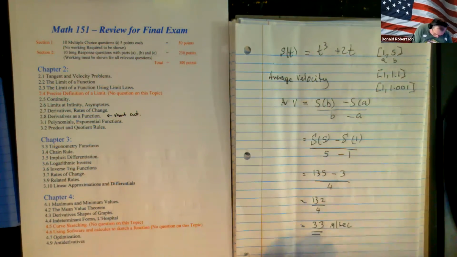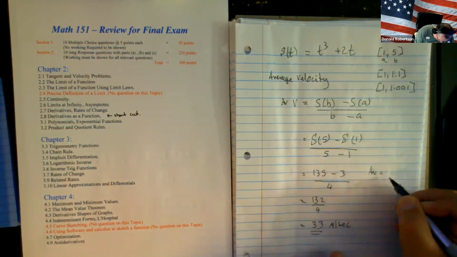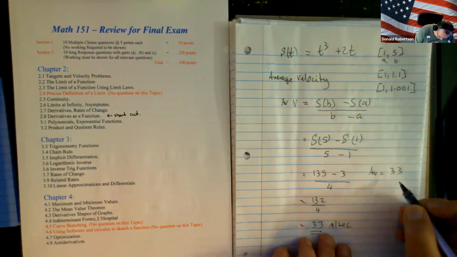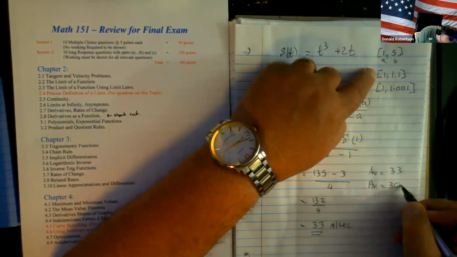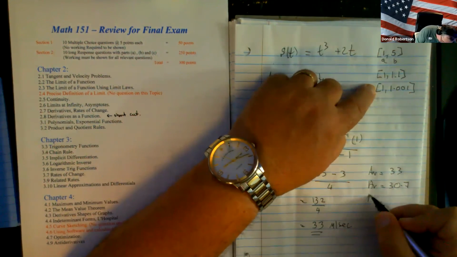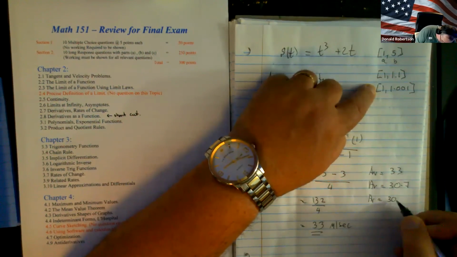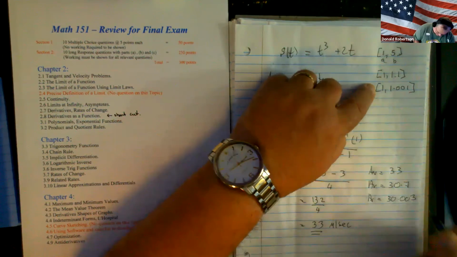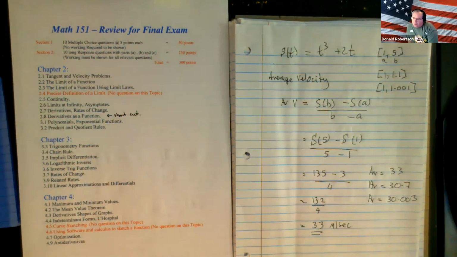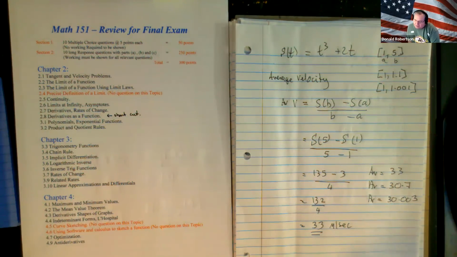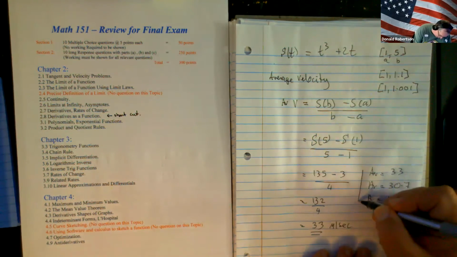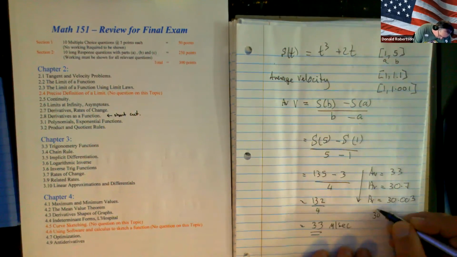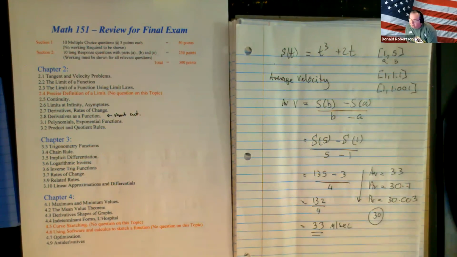So imagine that this answer was 33, and then this answer, the average ended up being 30.7. And this one, the average ended up being 30.003. Couldn't they then ask you, what would be your estimate of the instantaneous velocity? And in this case, would you agree that it looks like the answer is probably going to level off at 30?